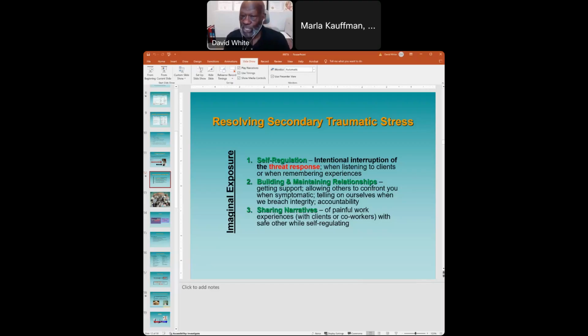And that's the specific reason that you all are meeting, to look at what's happening and share what's going on with you at work, so that you have an outlet to build and maintain the relationships that will support you to stay regulated. And in that time, you're going to be sharing the narratives of the painful work experience with clients or coworkers with a safe other.